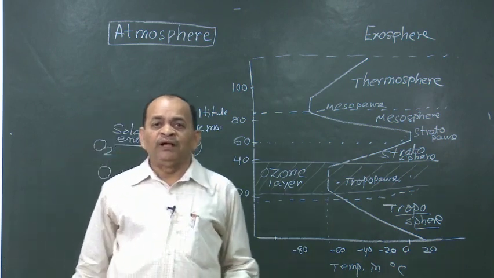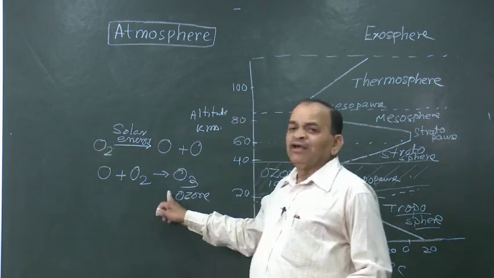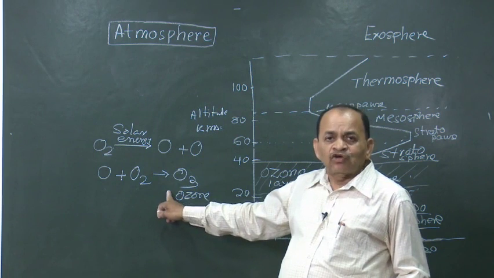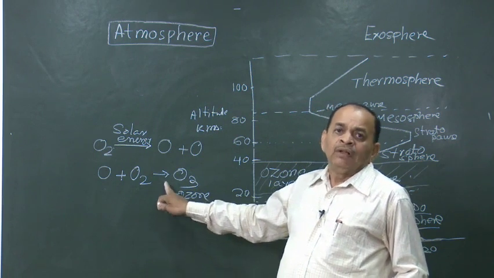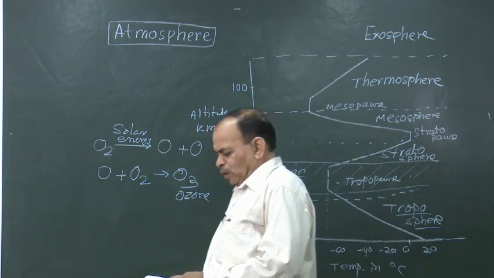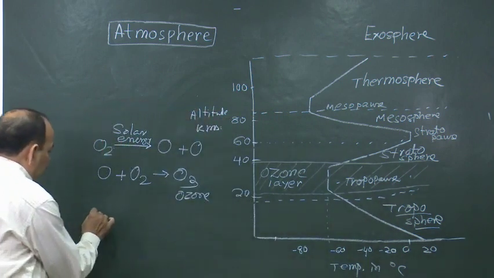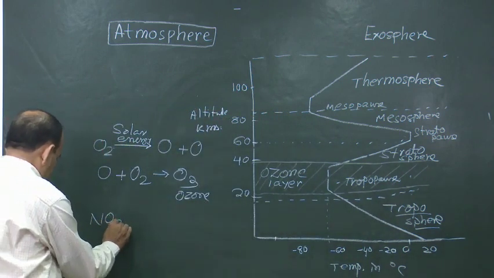O3 is ozone. So, in this way in the stratosphere ozone is formed. There is also another process, the NO2.